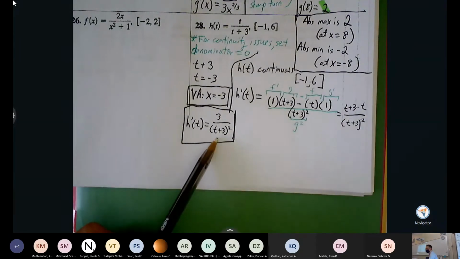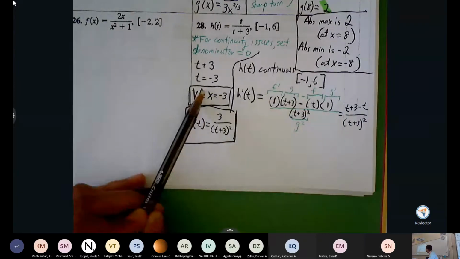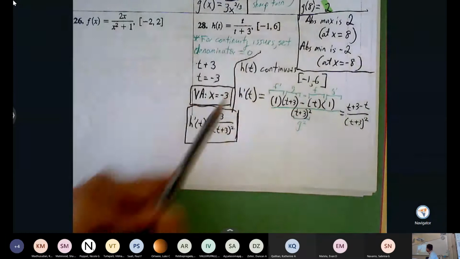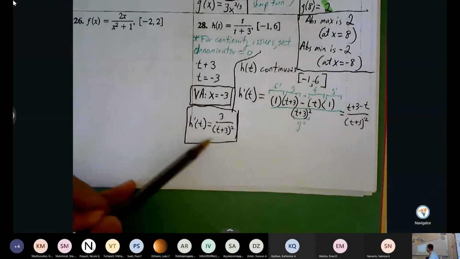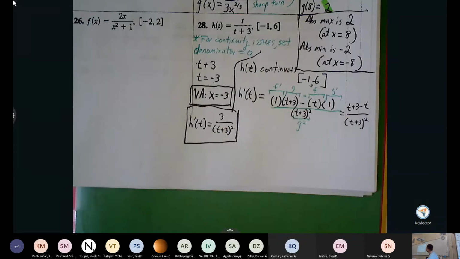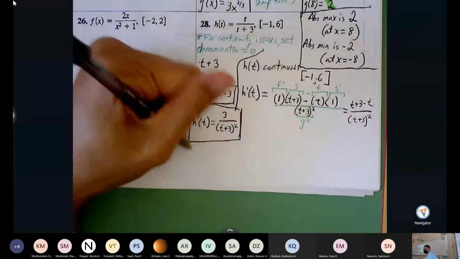How about the denominator? If we solve for t, we get t equals -3. We know -3 was a vertical asymptote, and we also know -3 was outside the interval, so there's nothing that's going to impact our next step, right? So for our purposes, no critical points, right?